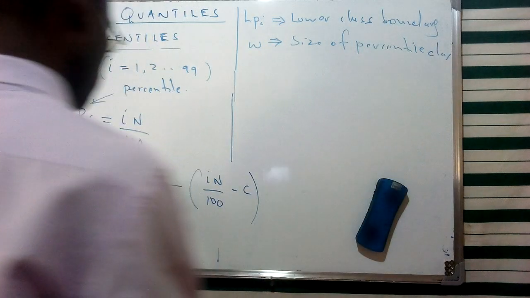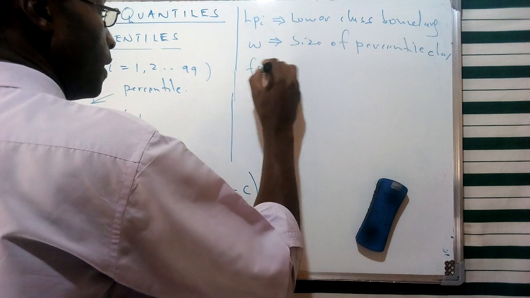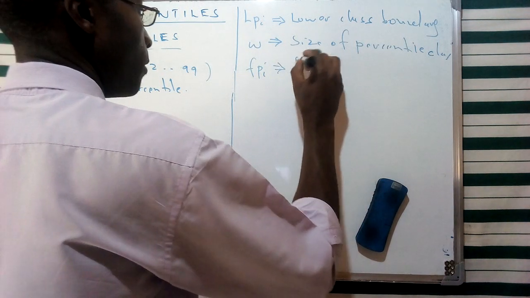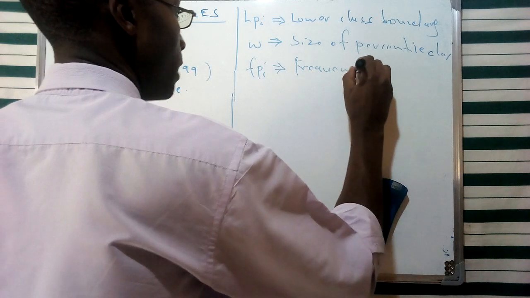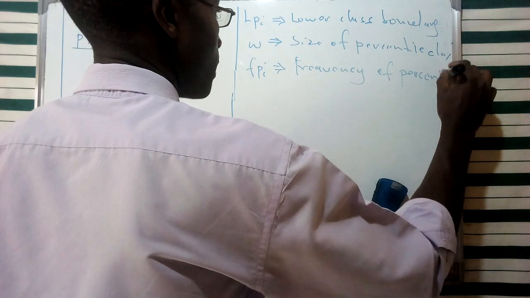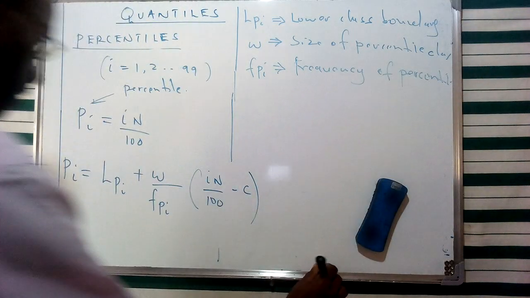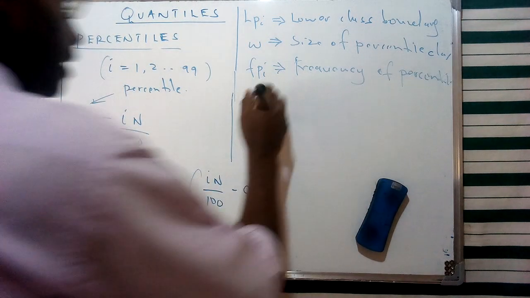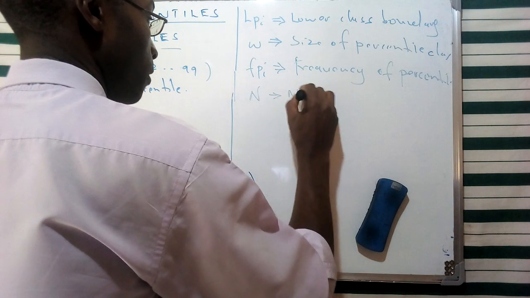Then we have FPi representing the frequency of the percentile class, which is a less than type frequency of that specific percentile. Then we have n representing the number of observations.